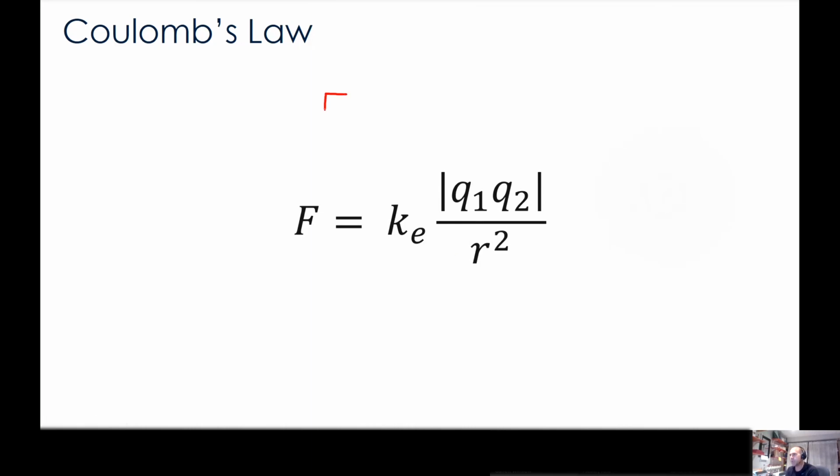Really, for this class, the most important thing is not the actual equation, but rather the proportionality of this equation. So the energy of attraction or repulsion between charged particles is the product of the charges divided by the square of the distance between them. So the closer an electron is to the nucleus, the stronger the attraction will be.